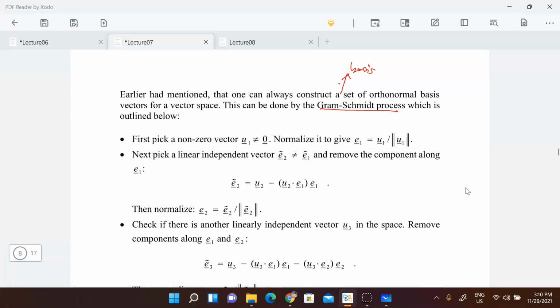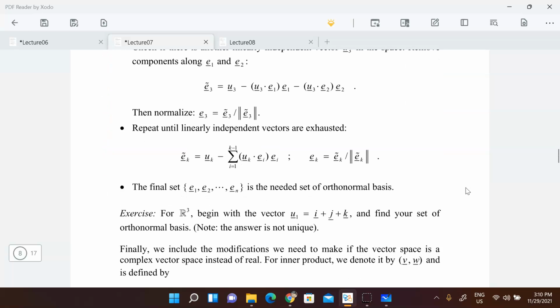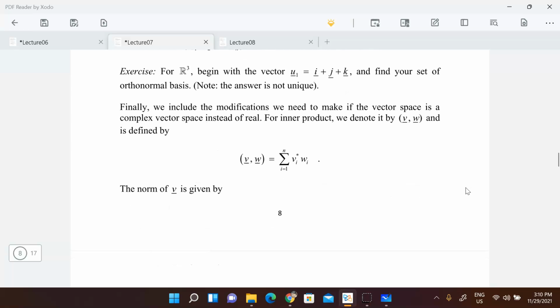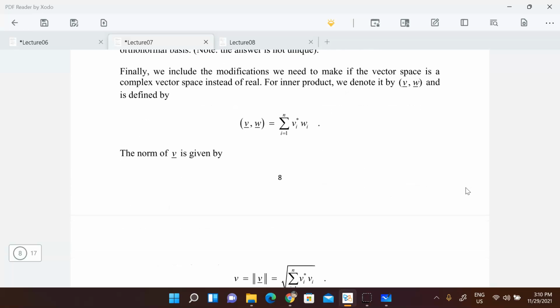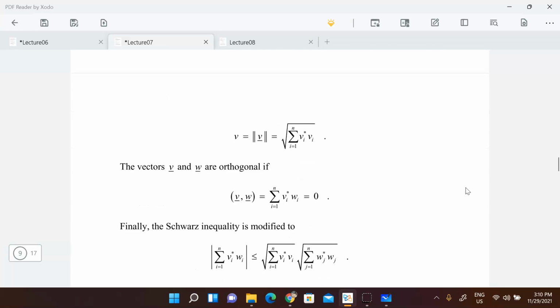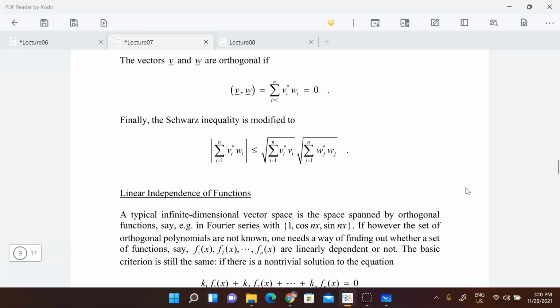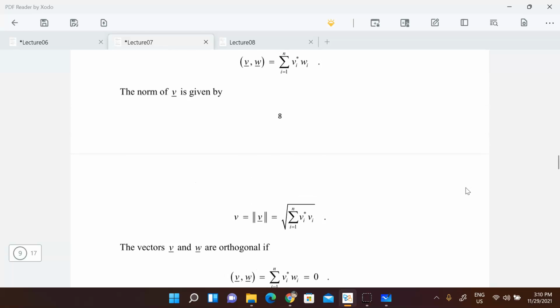All you need is to sample some vectors from the space, and then you start doing these particular steps, which I will not go through, and then you'll be able to define an orthonormal basis. For us it's sufficient just to be able to use the concept of an orthonormal basis. So that's probably that. Oh, okay, this is going to be important.